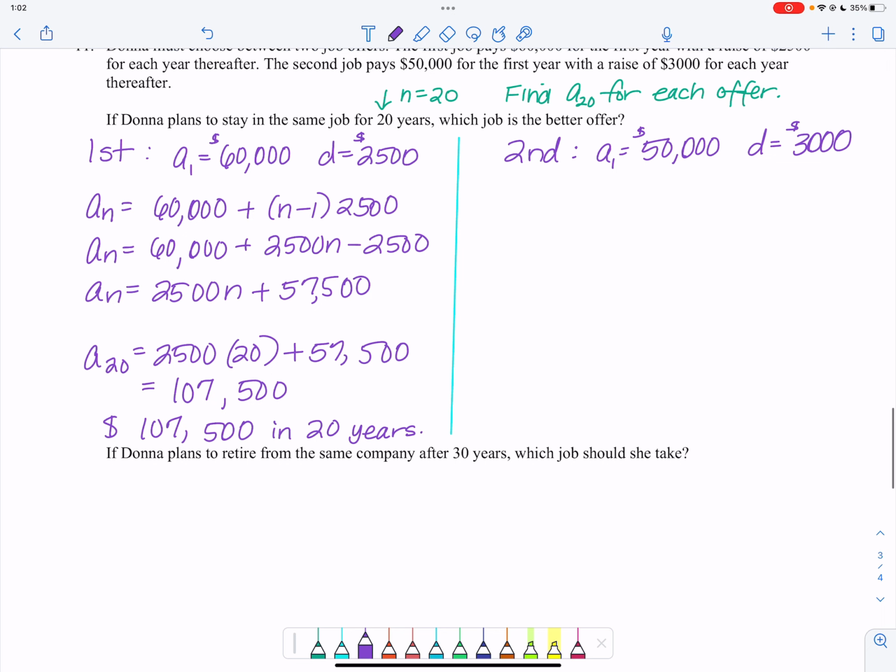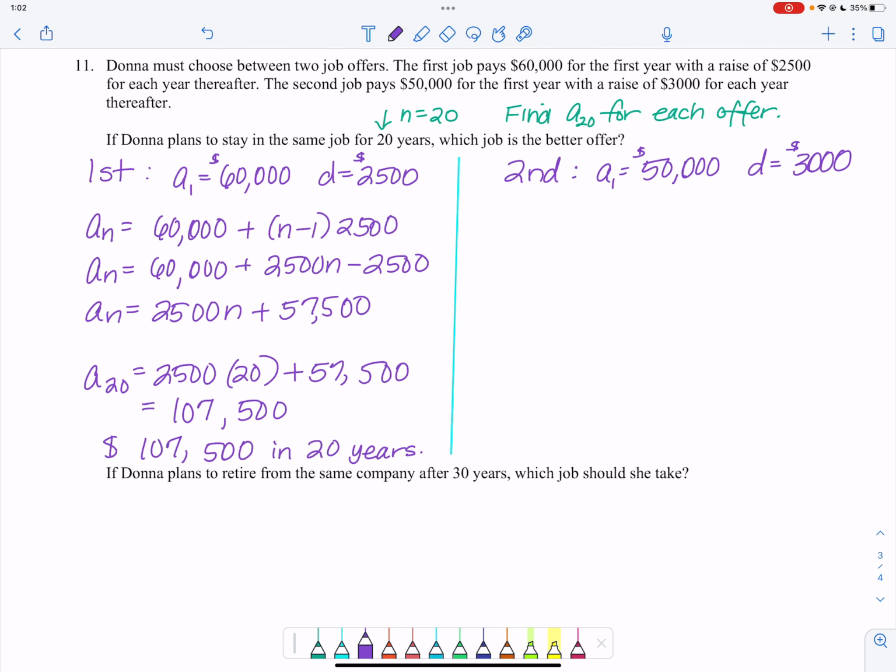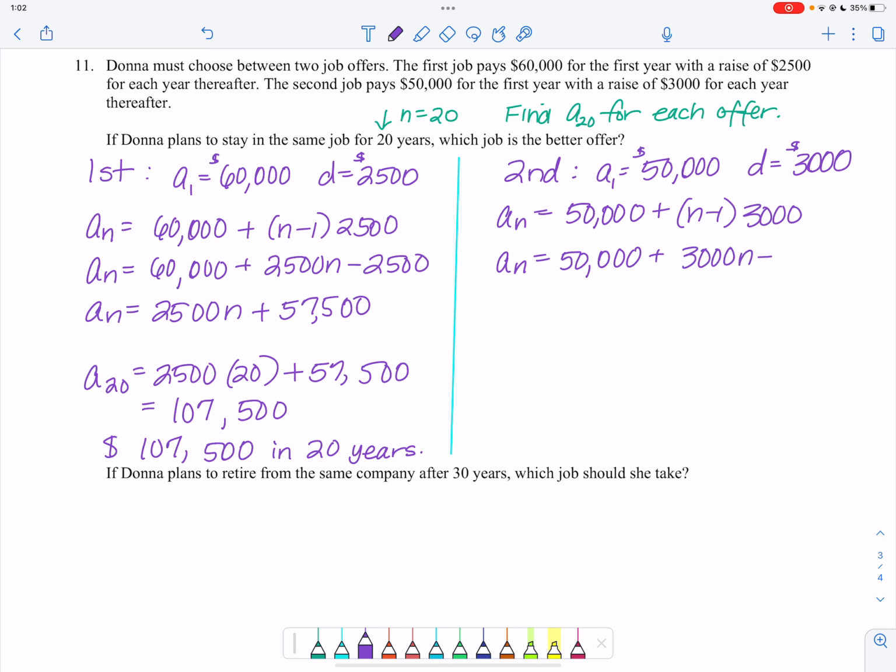Okay. So now let's look at the second in the same way. And then we'll compare them. And that would be $47,000 there.